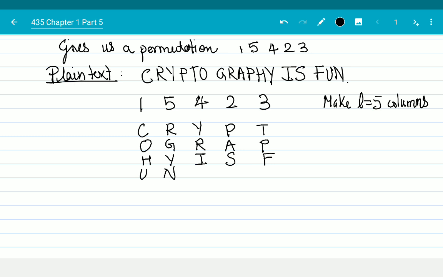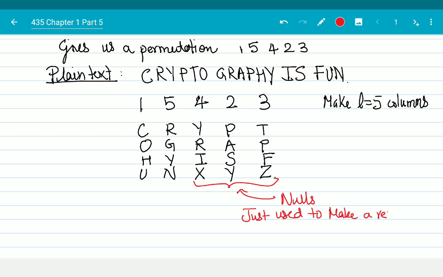Maybe I will write X, Y, Z. I accidentally said perfect square earlier; it just needs to be a rectangle. These filler letters are called nulls, and they are just used to make a rectangle.